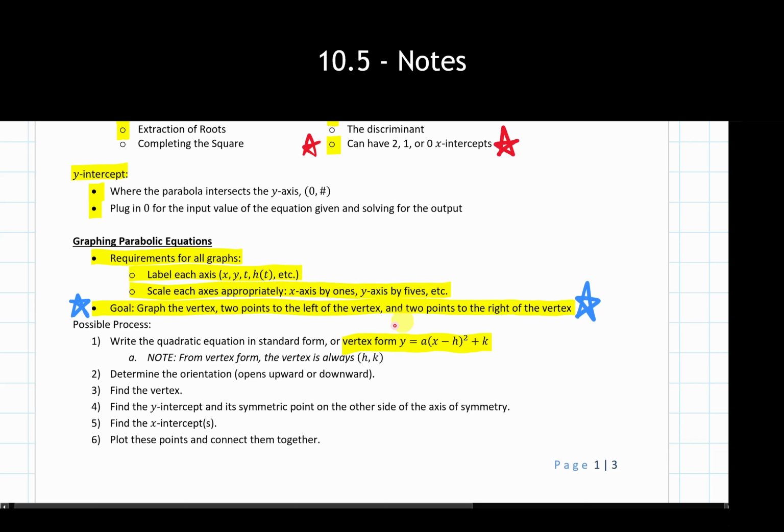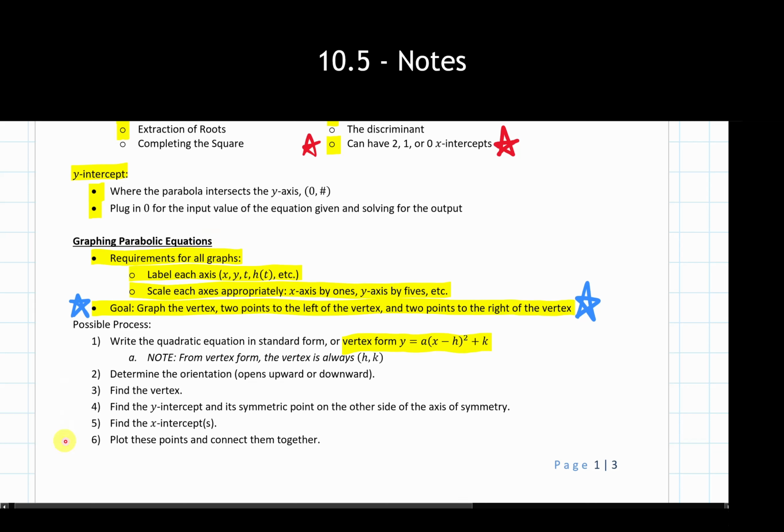If we don't have x-intercepts, then it's up to us to pick 2 points to the left of the vertex, 2 points to the right of the vertex, and then just plot those points and connect them together. Again, there's a lot of options and variability with how you want to go about plotting these parabolic equations. This is just one process that you can use.